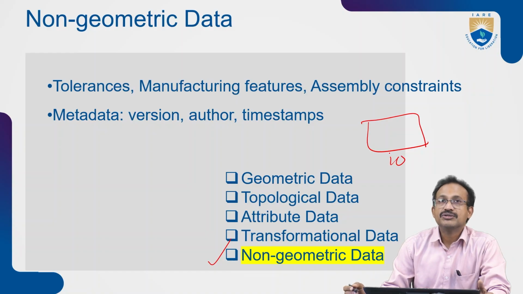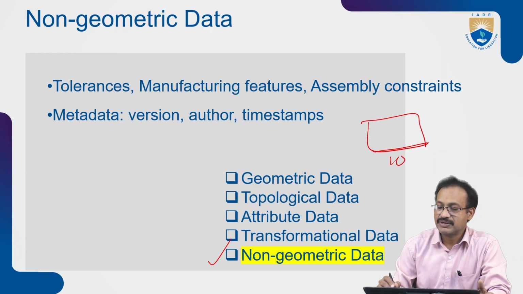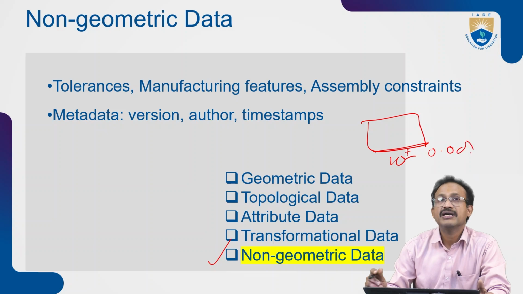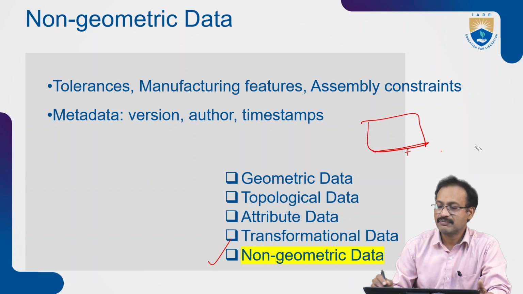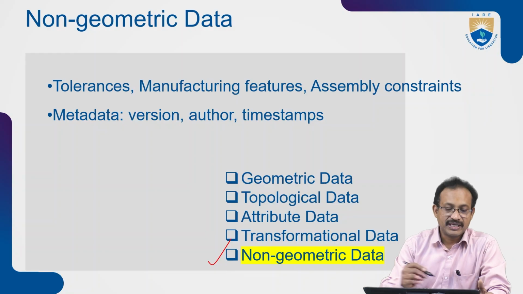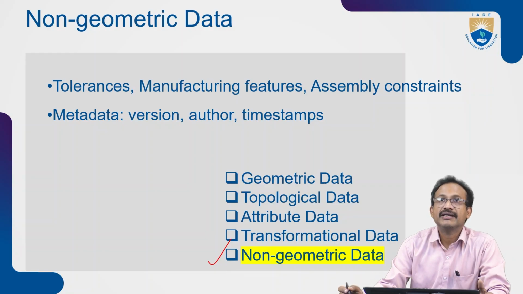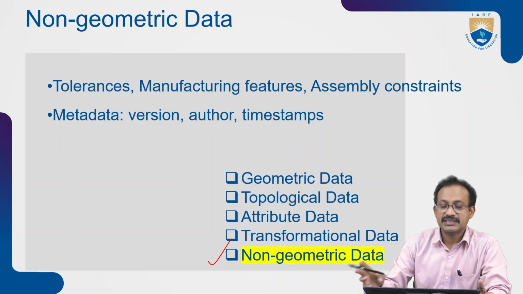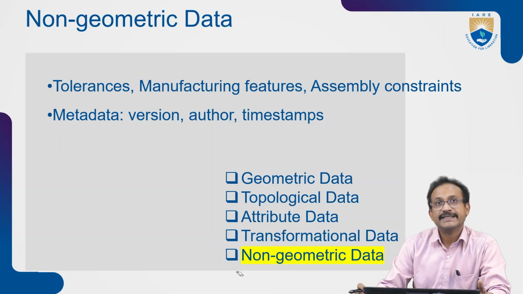But usually we cannot make this dimension exactly 10, so the manufacturer has some freedom to make it 10 plus or minus some small value, not 1. That is tolerance, which can be allowed for the purpose of use or at the time of assembly. Next, metadata, version, author, and timestamps. This is about non-geometric data.